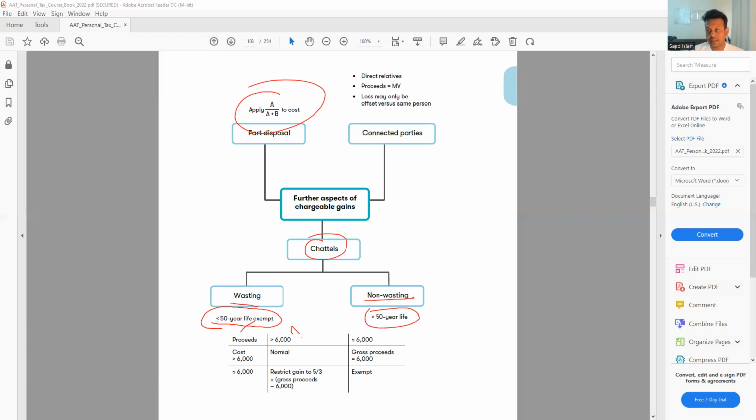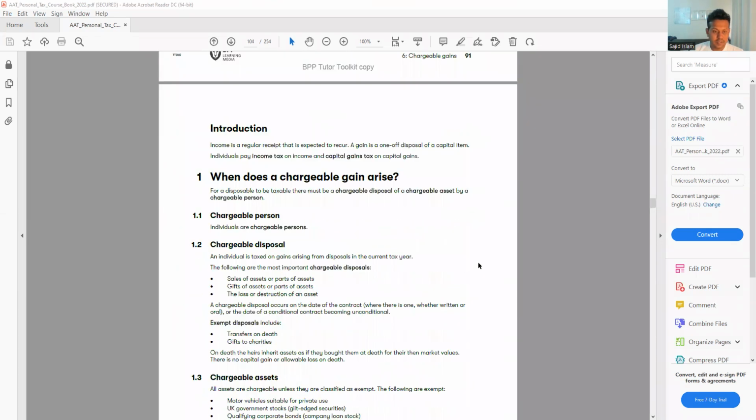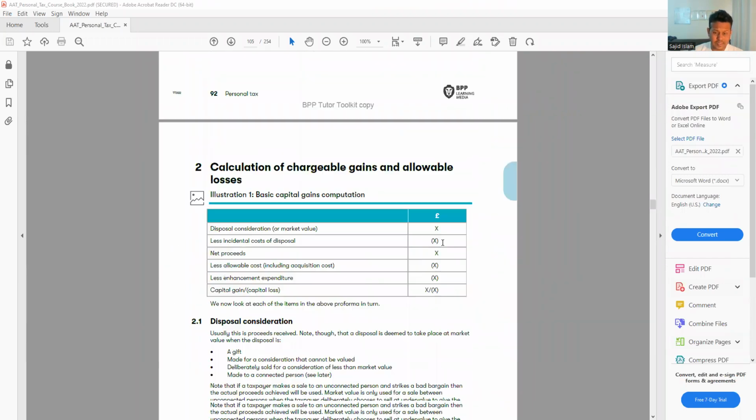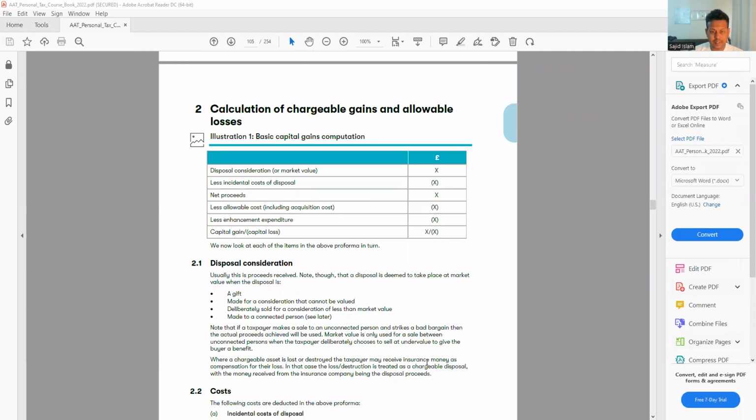All right, so let's move on. The next thing you can see here is who is the chargeable person, individual or chargeable person, and so on. So you know this. Let's look at the template: how are we going to calculate the capital gain? Remember that capital gain and chargeable gain, you have to know the meaning of these words. When you see the word chargeable gain, it doesn't mean it's a capital gain, so you need to know very specifically what that means.